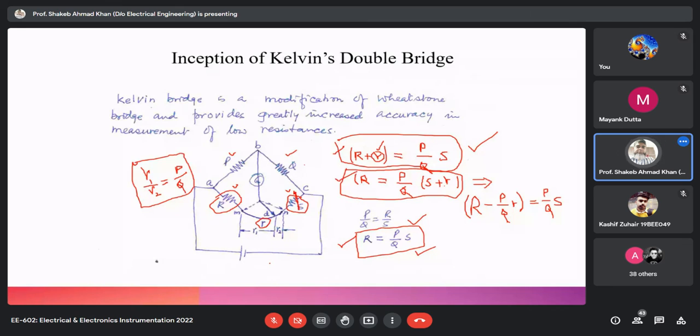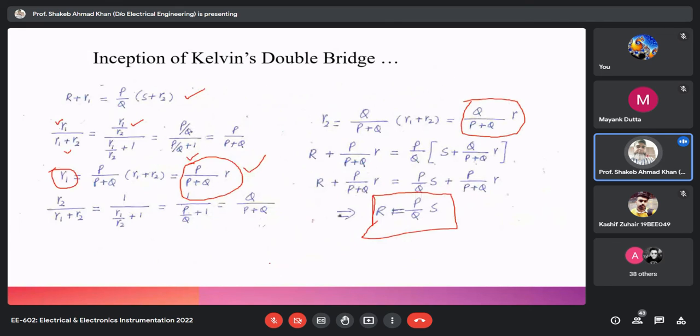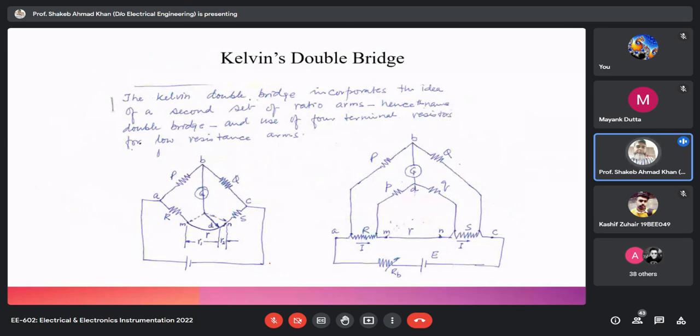In this case, how can we implement it? I'll showcase it quickly. What we do, you see here, it is P, it is Q, that is the ratio arms of this, and we take real resistances.